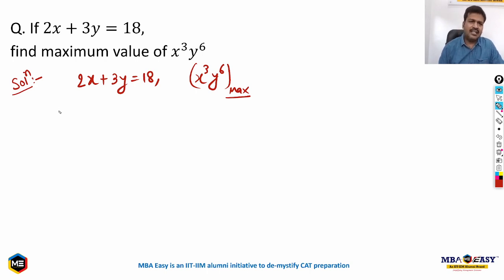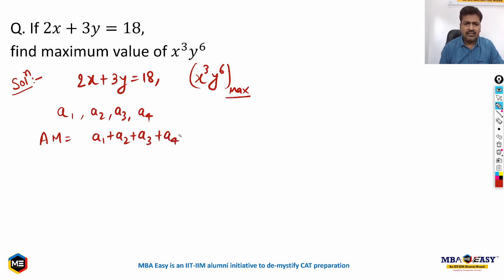So see, if there are, let's say, 5 quantities or 3 quantities, whatever it is, say there are 4 quantities, A1, A2, A3 and A4. Then AM, or arithmetic mean, of these quantities is nothing but the average: A1 plus A2 plus A3 plus A4 divided by 4. This is my arithmetic mean.